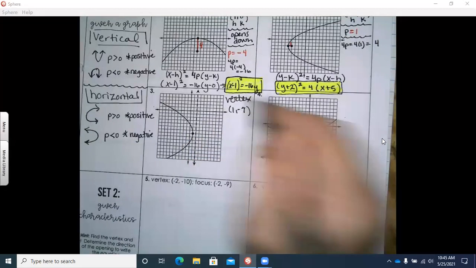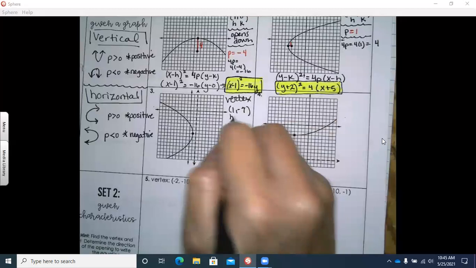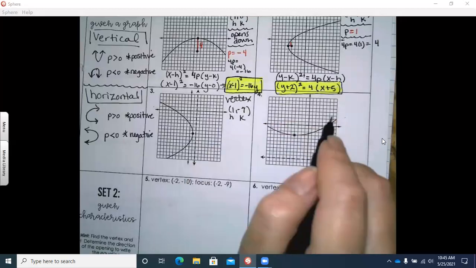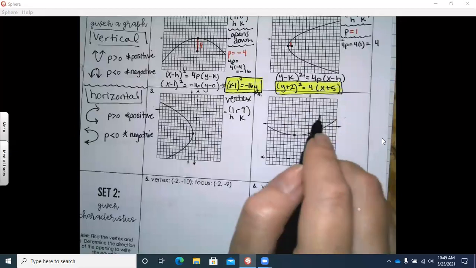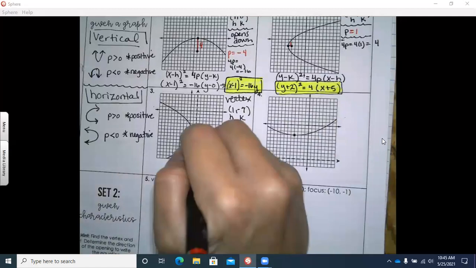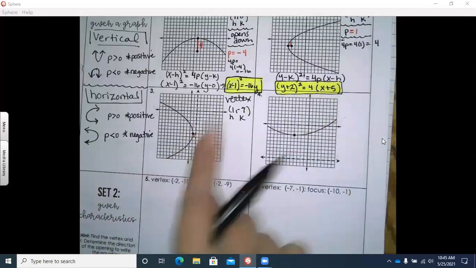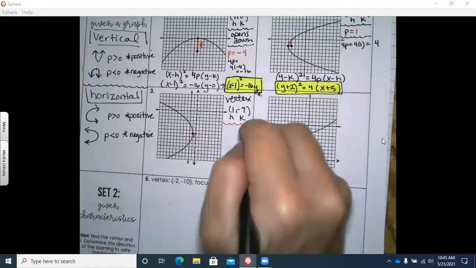So my h is 1, my k is -7. This time they didn't give us the focus, they gave us the directrix, but that's okay because the distance from the vertex to the focus is the same as the distance from the vertex to the directrix. So in this case, p would be 1, but because it opens to the left, p is going to be less than 0, so we know p is -1.